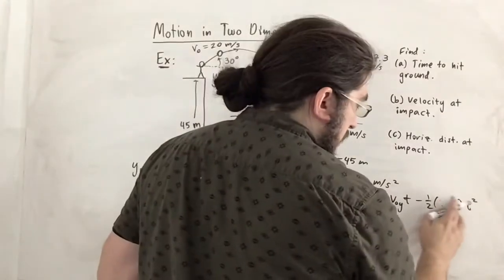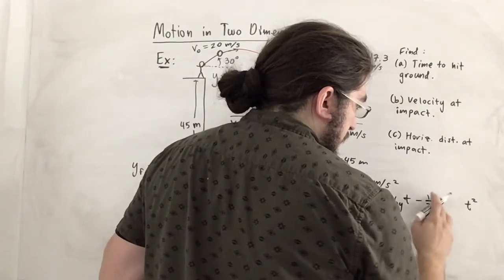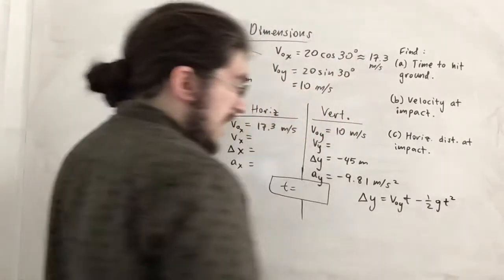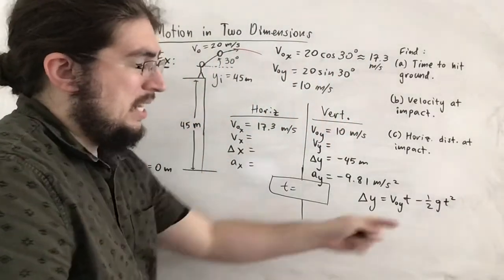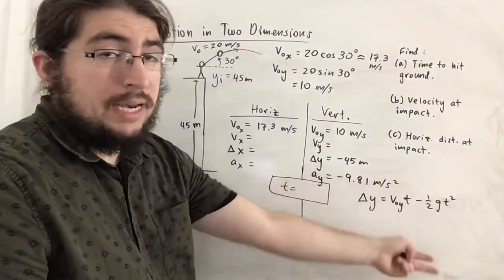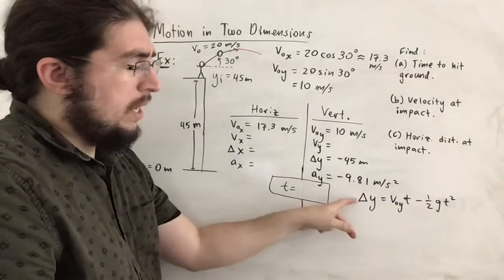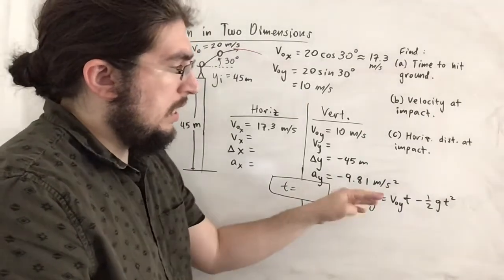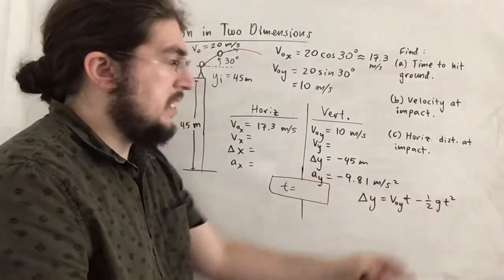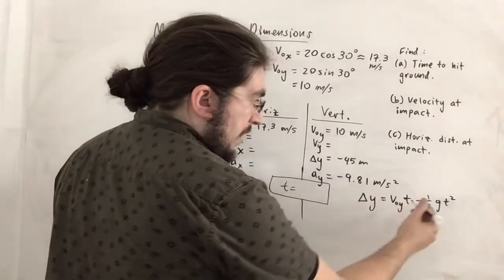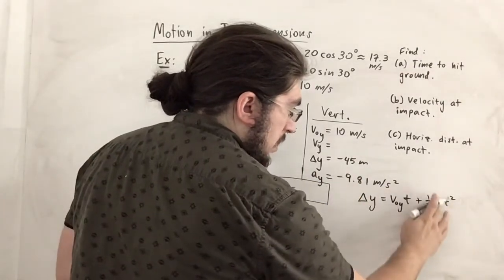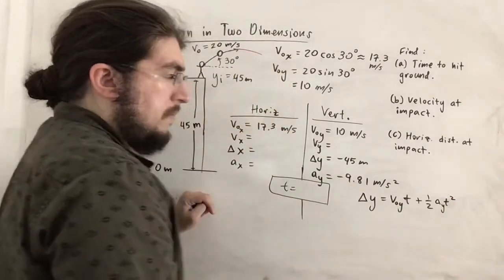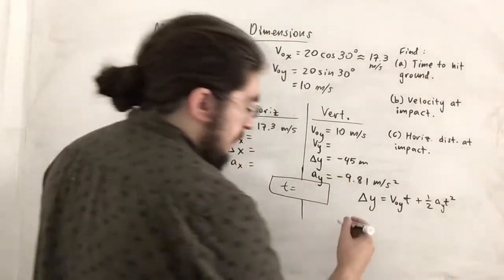So you know what, let me do this, just so it's a little easier for me to understand what's going on here. So negative 1/2 g t squared, and like I said, g is positive 9.81, not negative, because then you get a double negative. So the way I'm using this equation here, and I know again it sounds a little confusing, is that I'm replacing all a_y's with negative g's, but if you wanted to use this negative, you can think of this as positive 1/2 a_y, and now a_y is replaced with negative 9.81. So I think that sounds a little better.